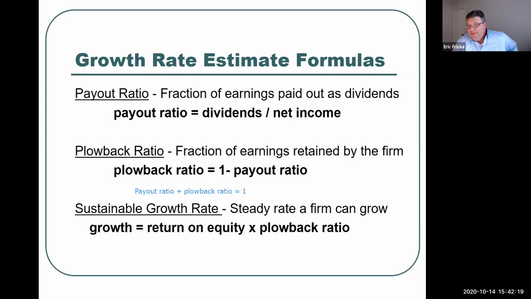And then we multiply that return on equity by the plowback ratio. And plowback basically says how much of the total return that the company gets every year, which is basically what net income and earnings are, goes back into the business.